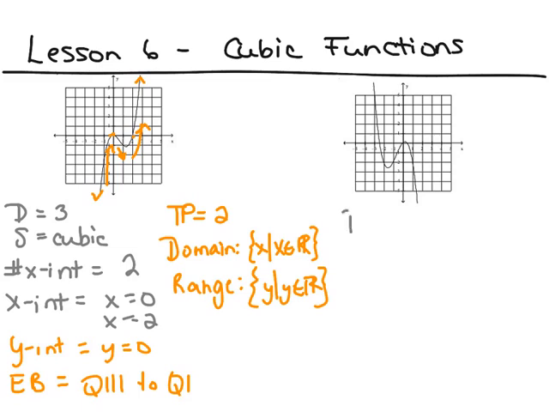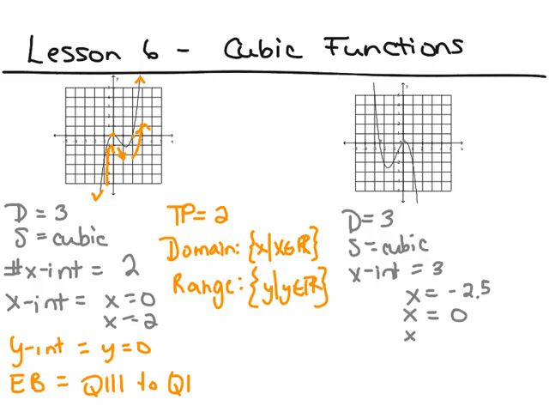For this one, our degree again is 3 because the shape is cubic. There are 3 x-intercepts. They are at x equals, looks like negative 2.5, x equals, looks like it's about 0, and then again at x equals maybe 0.25.